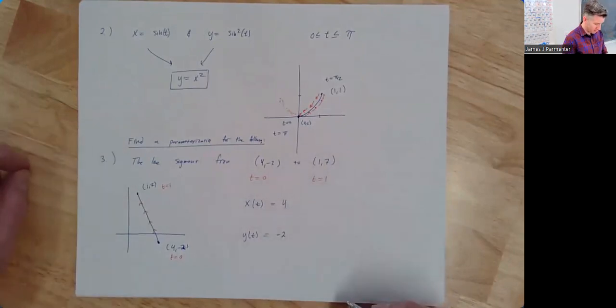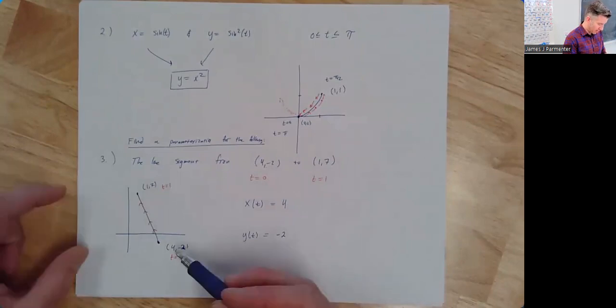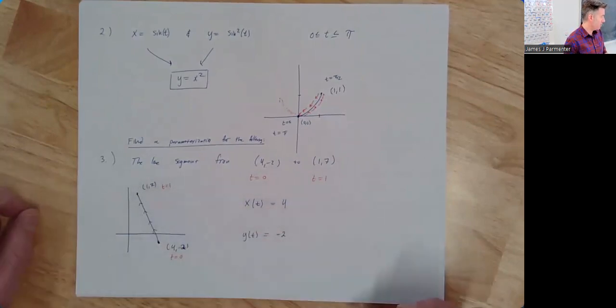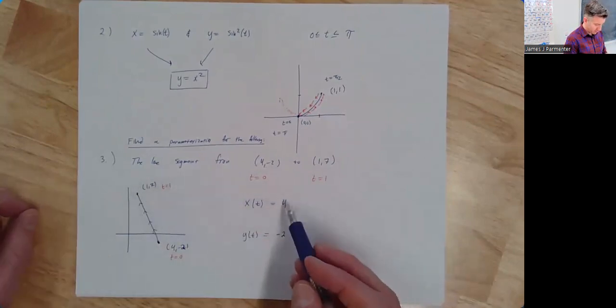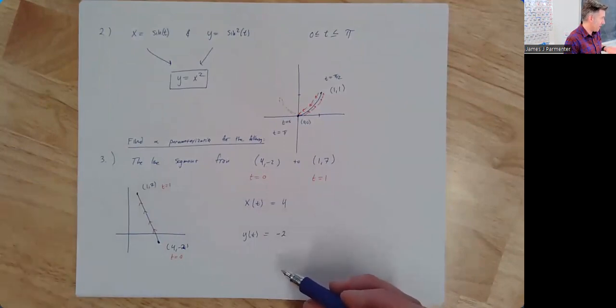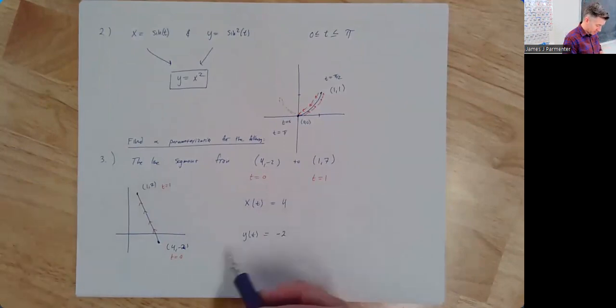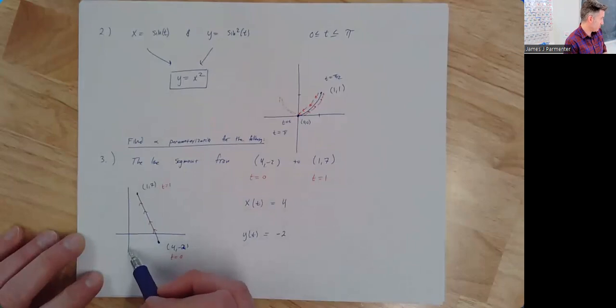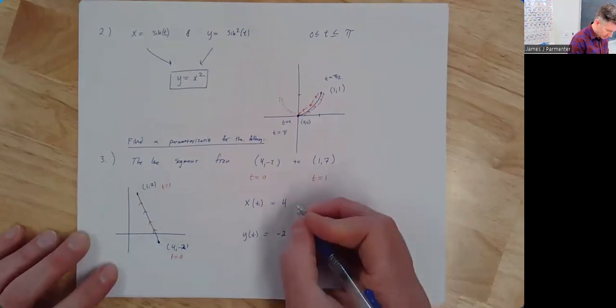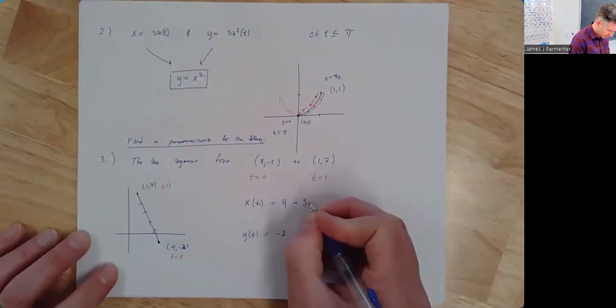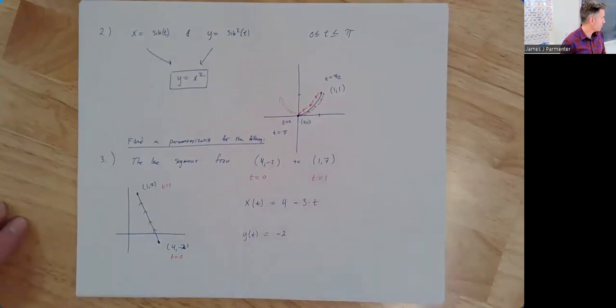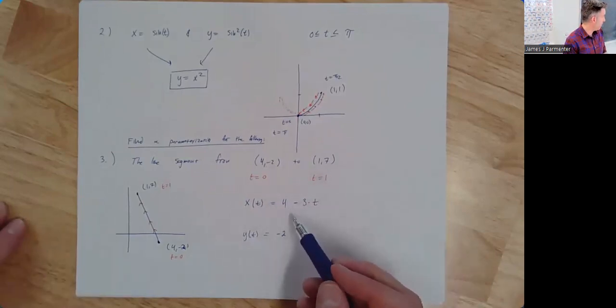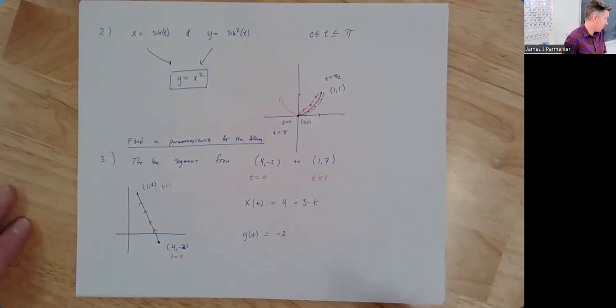And then when I plug in time equal to 1, I'm going to want x to be +1. So if I'm plugging in time equal to 1, I want to end up subtracting 3. Right? Because I'm literally moving 1, 2, 3 spaces back in the x direction. So I'm going to subtract 3 times time. When time equals 0, I'm still going to get 4. And when time equals 1, I'm going to get 1 as desired.